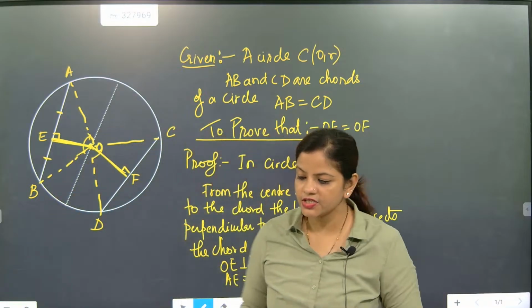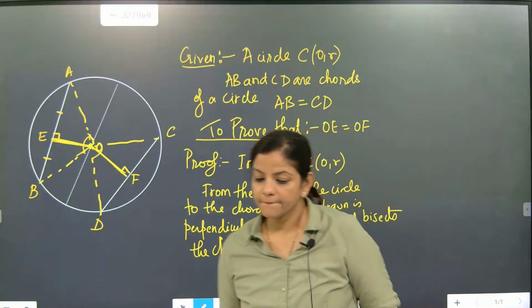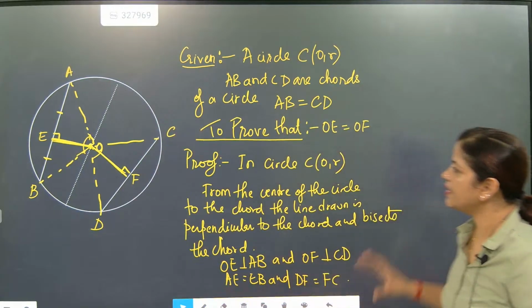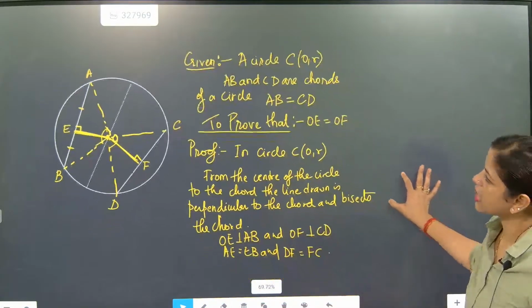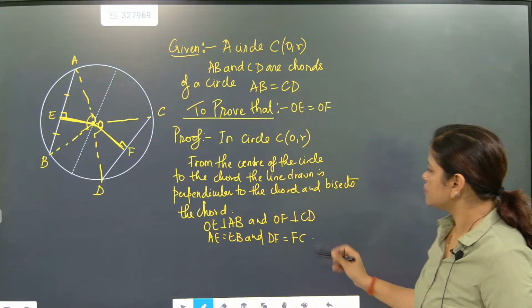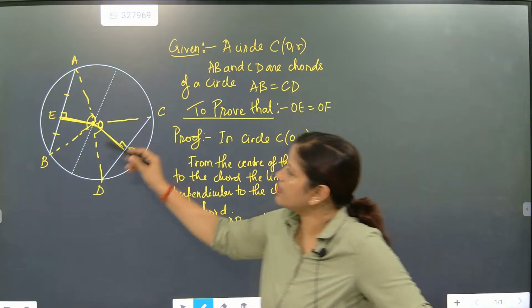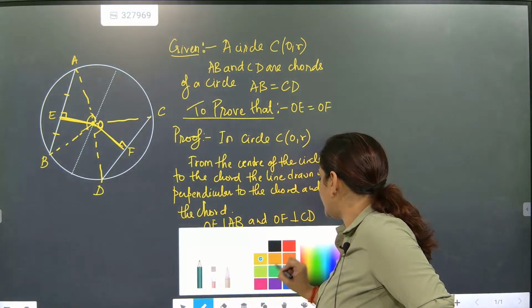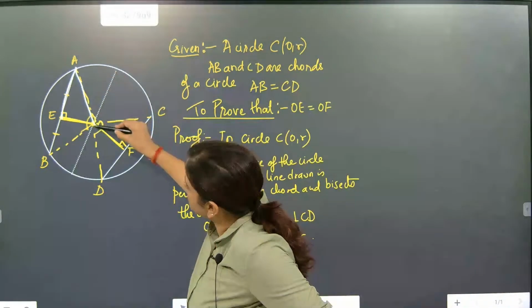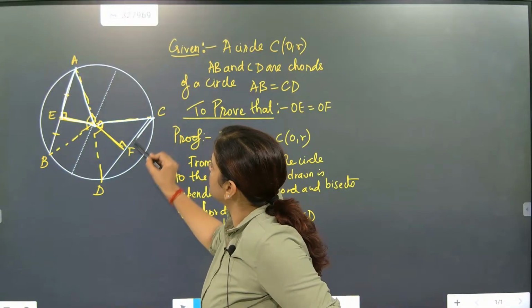Now what is our next work? Look here, so this much we have done. Now we are going to take at least one triangle. Let's take this triangle and take this triangle.